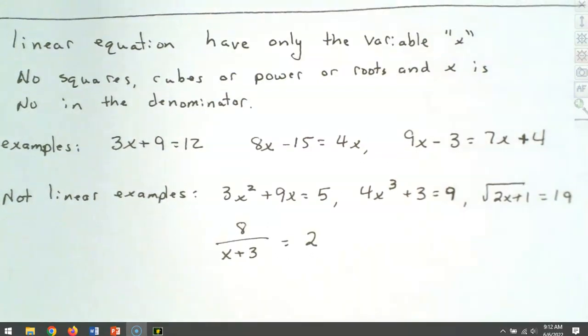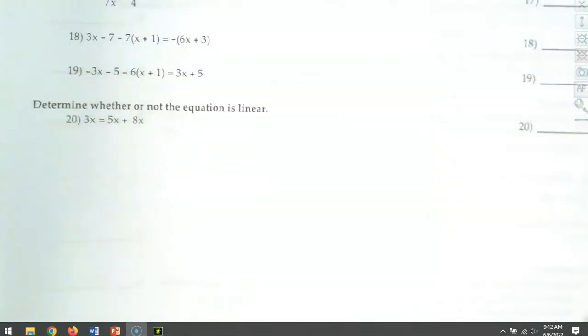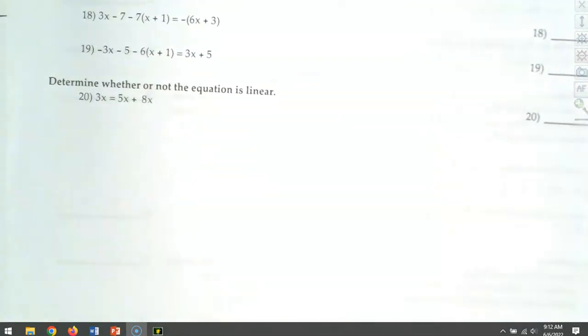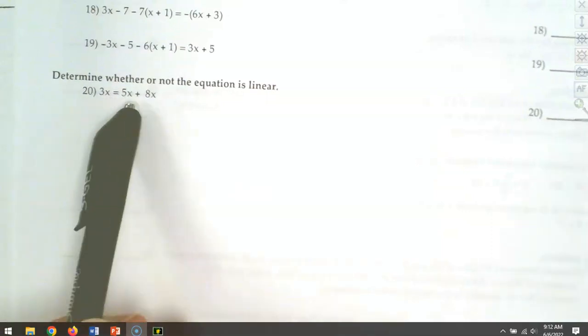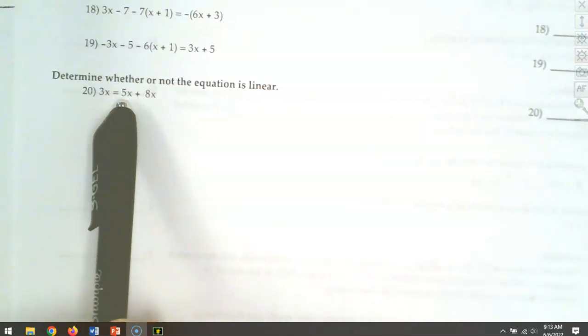So there's only one question in your homework, and it just basically asks, is this linear or is this nonlinear? Well, I'll just go ahead and look at it and we'll talk about it quickly. You'll get your homework packet before you leave today. But this one right here, would this be linear or nonlinear? Well, when we look at it, do we have any square roots? No. Do we have any squares or any powers on the x's?